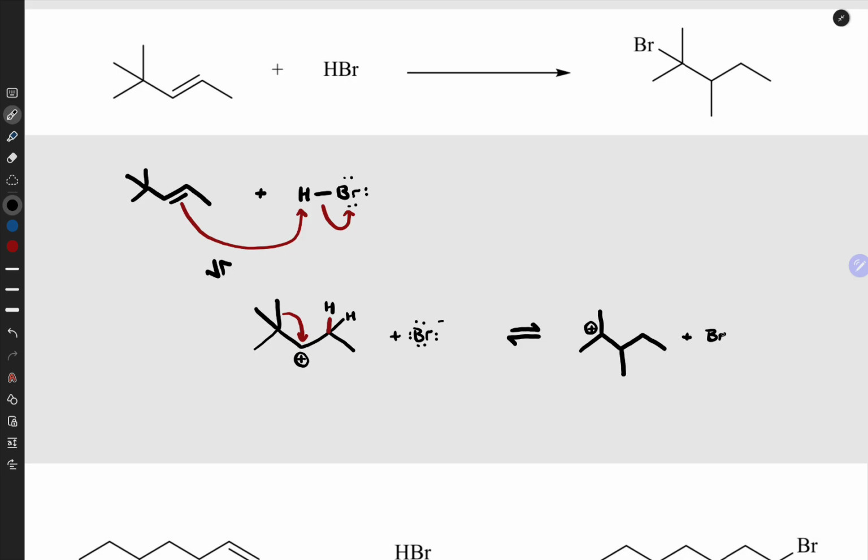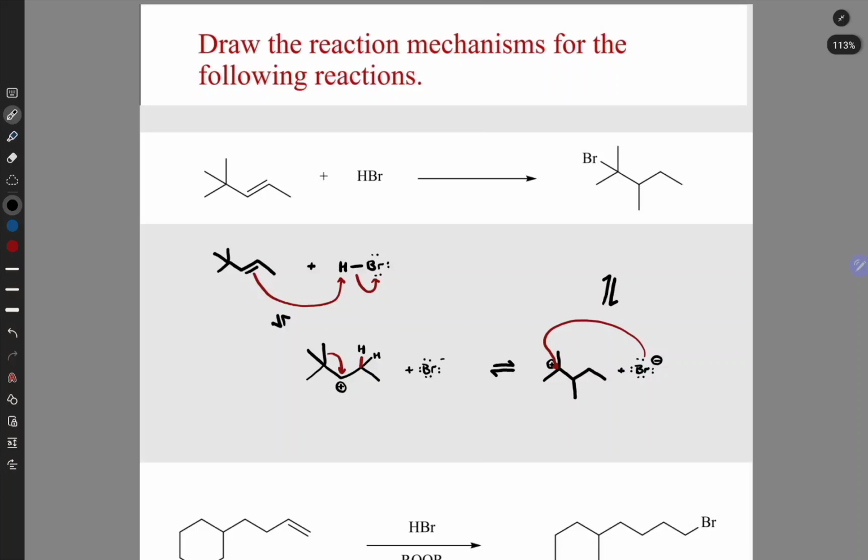And we still have our poor little bromide ion out here. And then we're going to attach this guy. The electrons are going to reach out and connect to this tertiary carbon in order to fill that gap and thus get us our product. There we go. And that is how the mechanism will run.